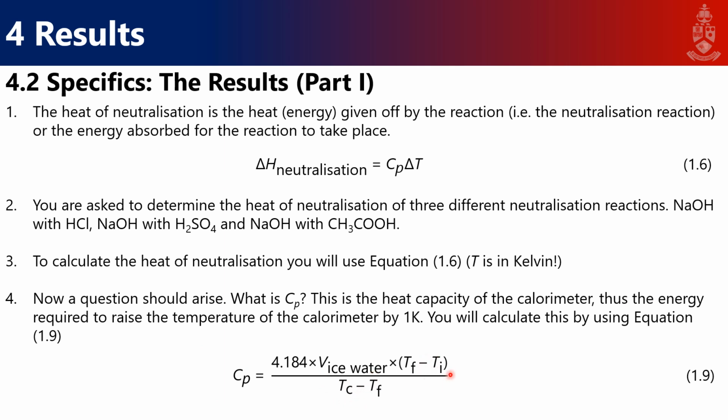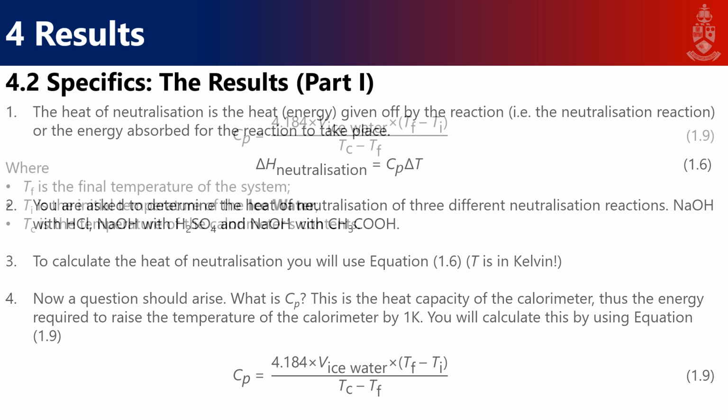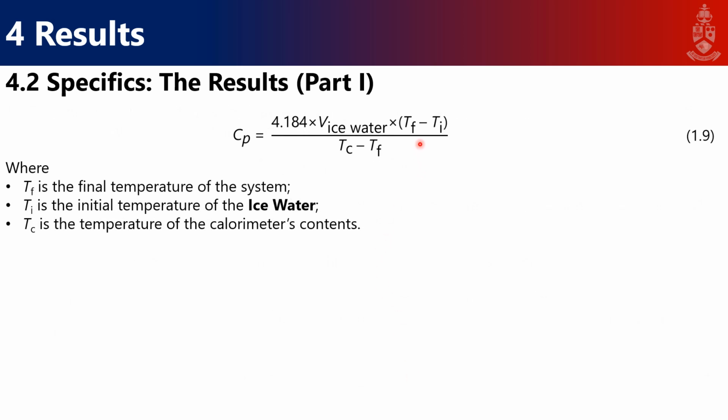And here you see some confusion can come in with the notation. Tf is the final temperature. Ti here is the initial temperature, but of the ice water, not the initial temperature of the system.